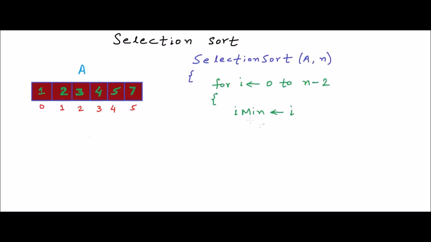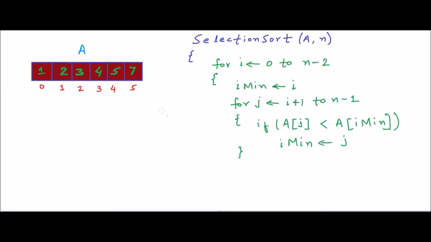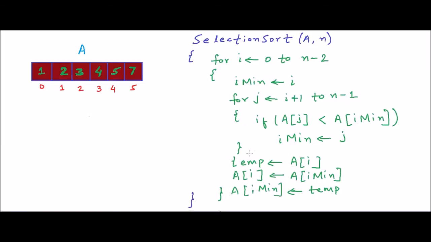So what we can do is, initially we can say that ith element is the minimum element, and then we can run a loop from i plus 1 till n-1, and while scanning, if we find any j that is having an element which is lesser than the current minimum, we will update this particular variable imin, and when we come out of this second for loop, imin will have the index of the minimum element. Now we will have to swap it with element at ith index. We will do so using a temporary variable, and this is how our function will look like.